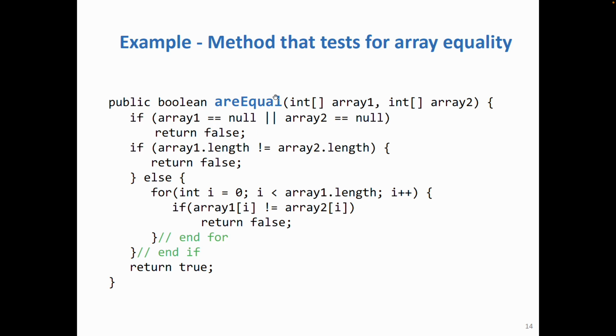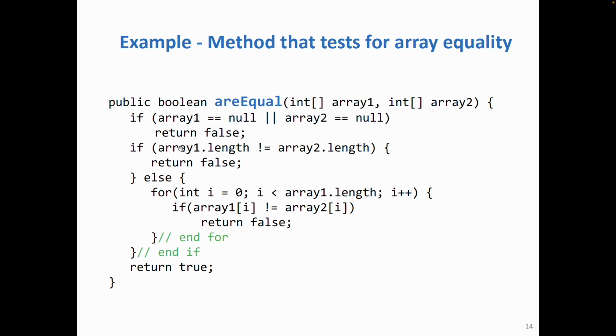Is array 1 null, or is array 2 null? Then just return false. If they are null, I cannot say that they are the same, because at least one of them does not exist. So I cannot compare whether they are the same or not. If they are not null, then I can proceed. So now I know that none of them is null.